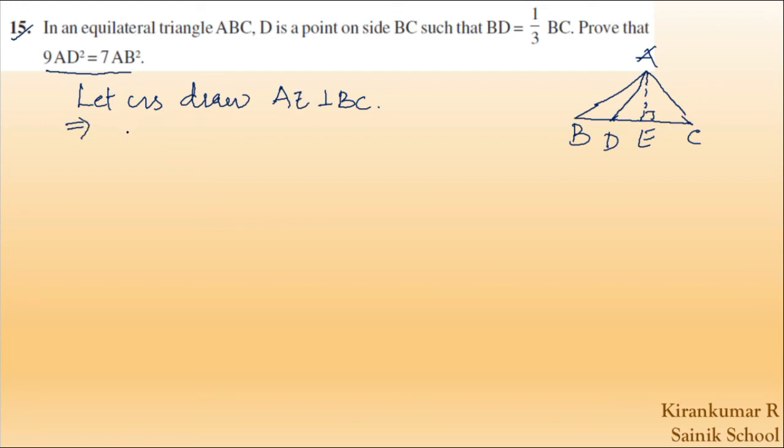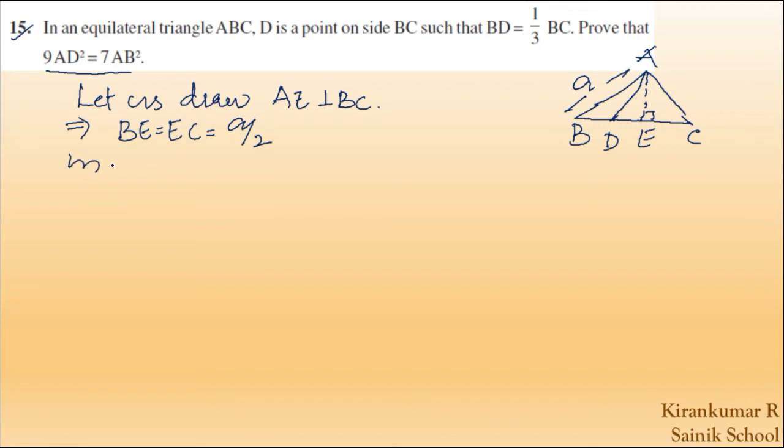We know that in an equilateral triangle, if there is an altitude, it bisects the opposite side. So the length of BE will be equal to the length of EC. It will be half of the side. If I consider the side to be A units, then it will be A by 2.